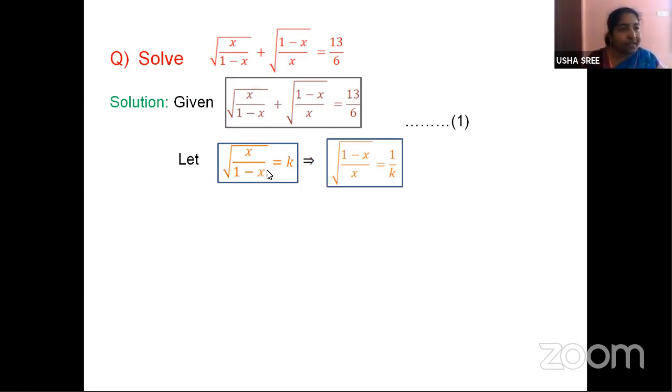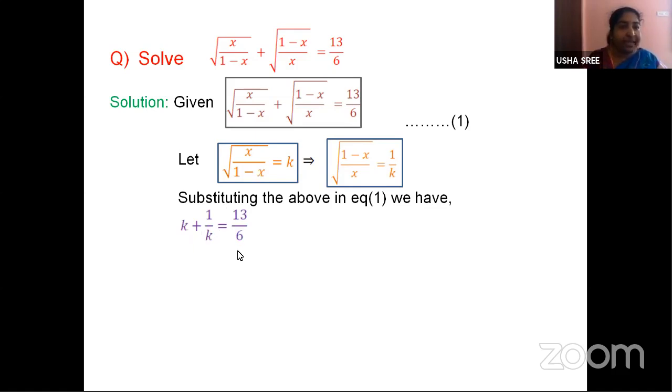Your first term is k, your second term is 1 by k. That means your given equation, we are reducing it into some other form in terms of k. These two values we will be substituting in equation 1, children. So you will get k plus 1 by k is equal to 13 by 6.